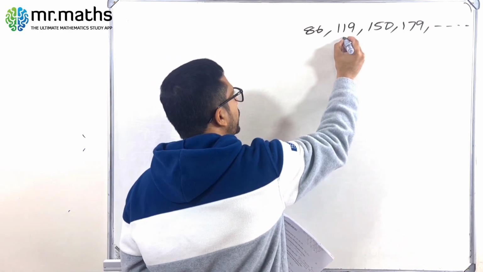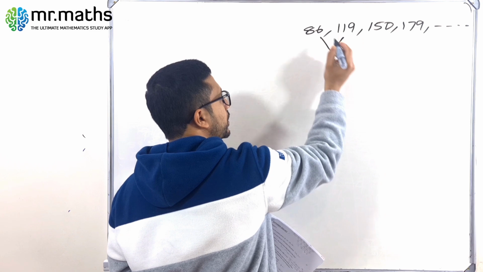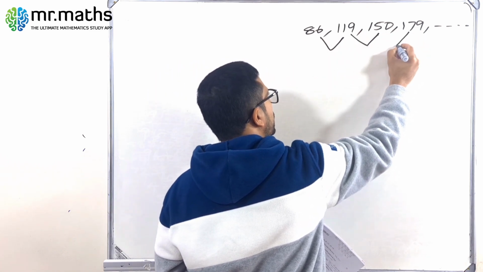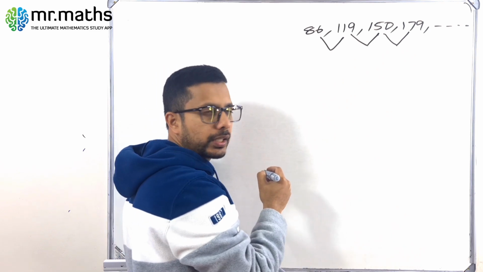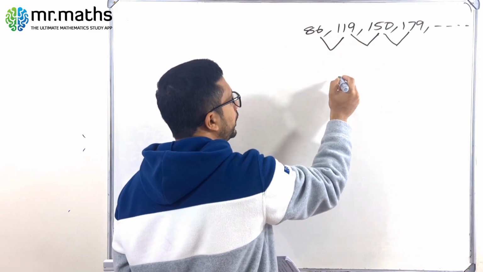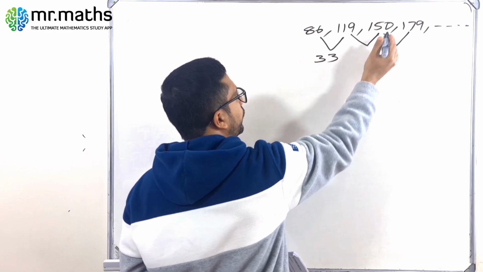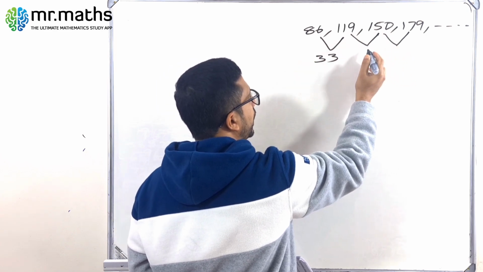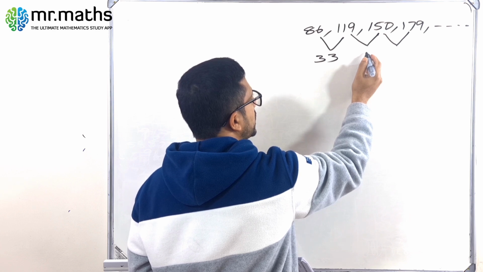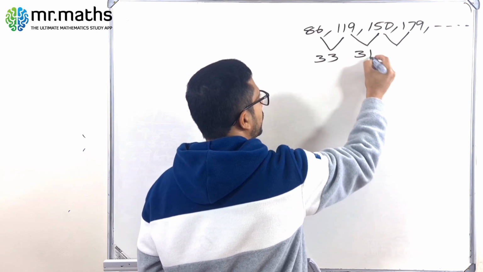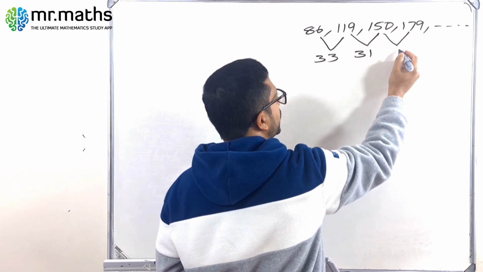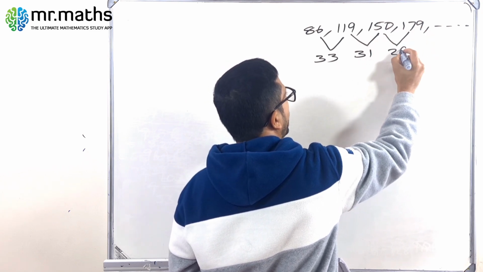How can you find the first difference? Second term minus first term, then third term minus second term, fourth term minus third term, like that. So 119 minus 86 is 33, 150 minus 119 is 31, 179 minus 150 is 29.